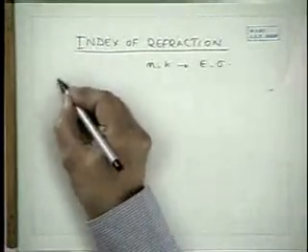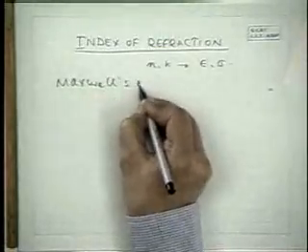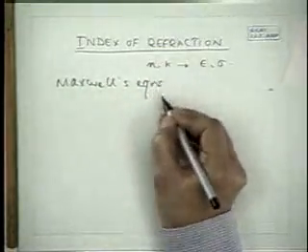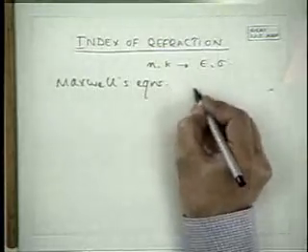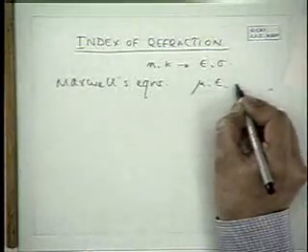So we start with Maxwell's equations, in a medium with permeability mu, dielectric constant epsilon, and conductivity sigma.